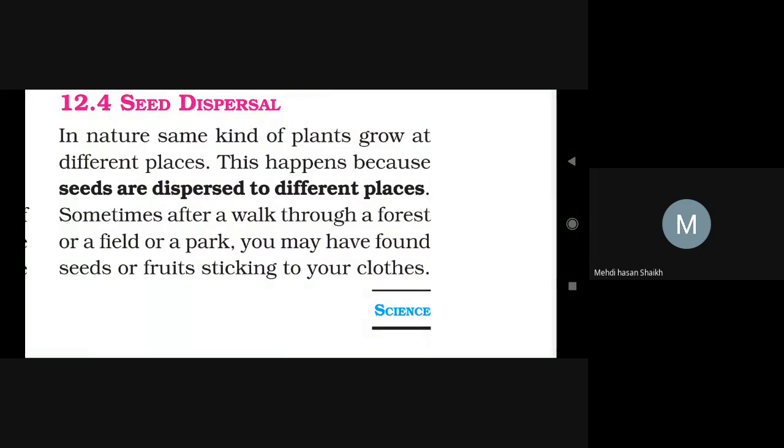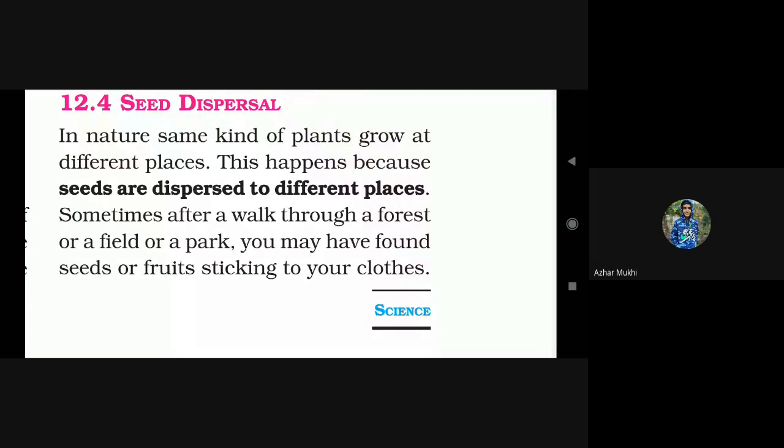Question is how seeds move from one place to other place? By falling down from trees.